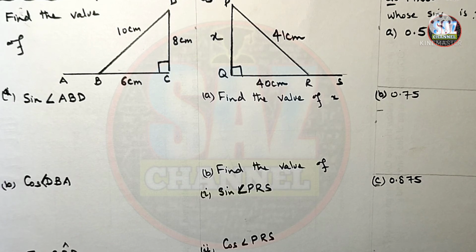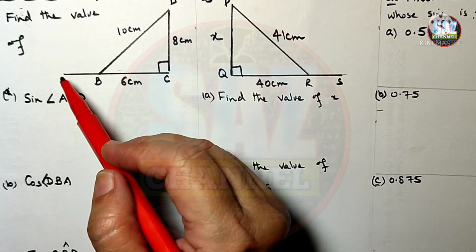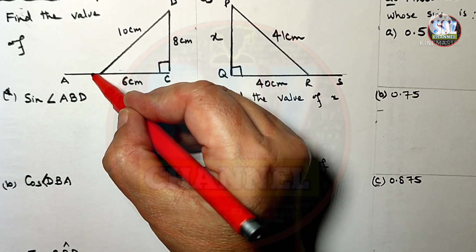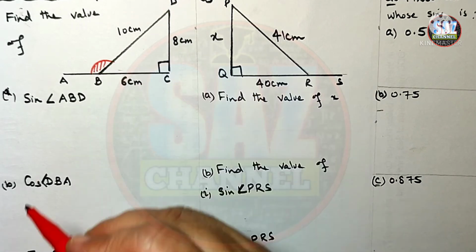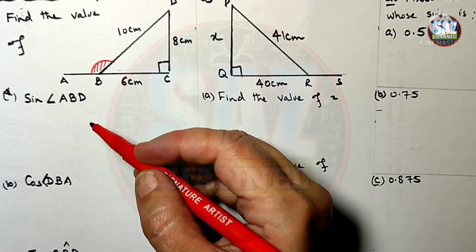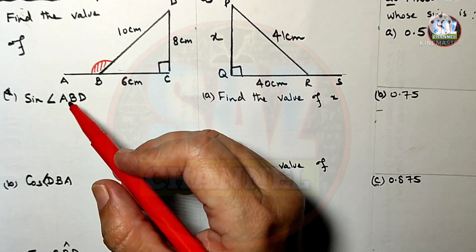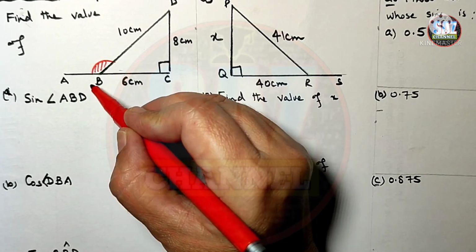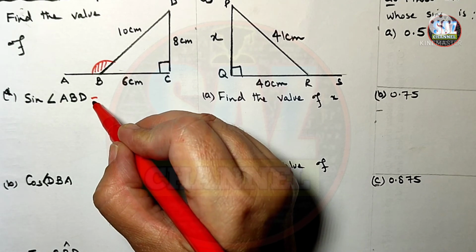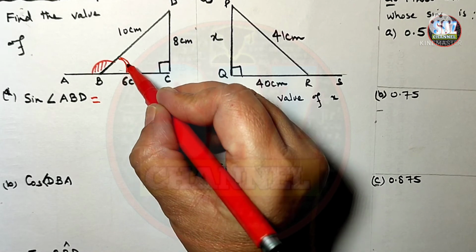If we look at the diagram which is given to us, the first situation is that we have to find sine of angle ABD. If we look at ABD, this is the obtuse angle given to us. Recall my previous lesson, what is the relationship between the trigonometric ratios of obtuse angle and acute angle. In order to find the trigonometric ratio of this obtuse angle, we have to find the sine of this adjacent acute angle.